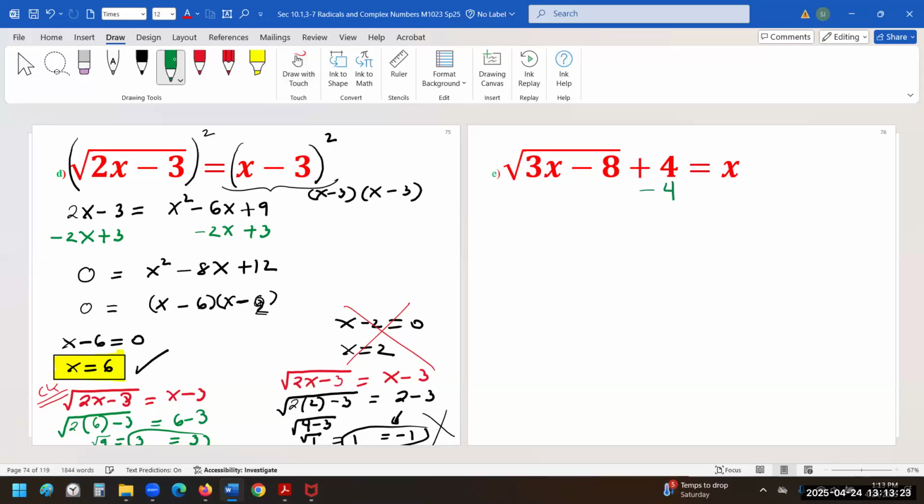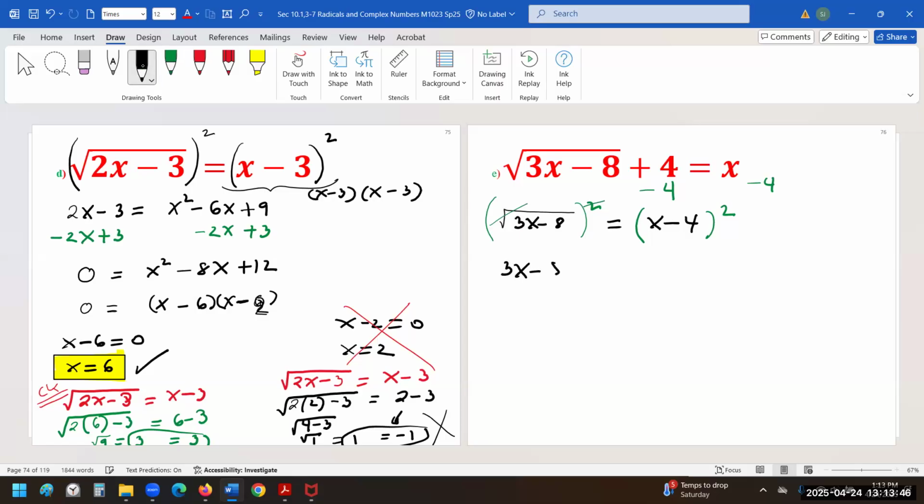We have a 4 outside, so we need to subtract that. So 3x minus 8 equals x minus 4. We square both sides.